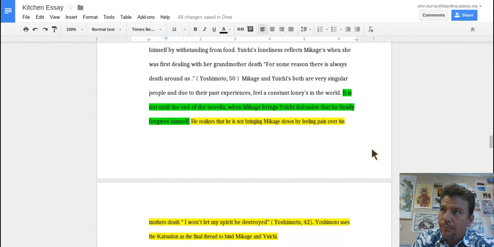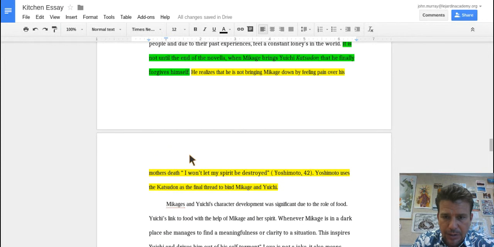But another last point here is you're using Mikage's reference to her spirit not being destroyed to, I think you're trying to suggest he realizes he's not bringing Mikage down by feeling pain over his mother's death. You're using that to somehow support Yuichi's kind of revelation. So I think that also we need a better quote here from Kitchen.